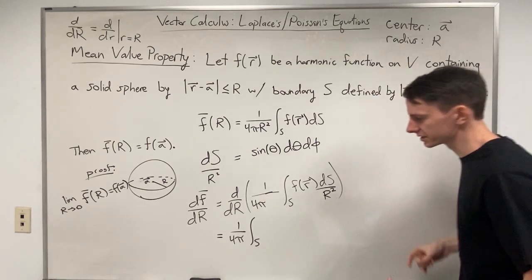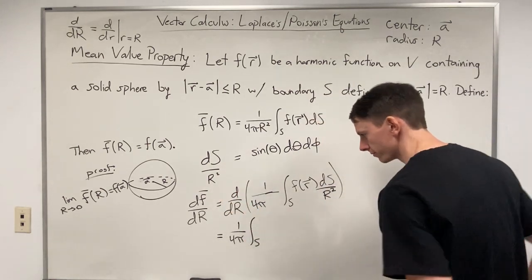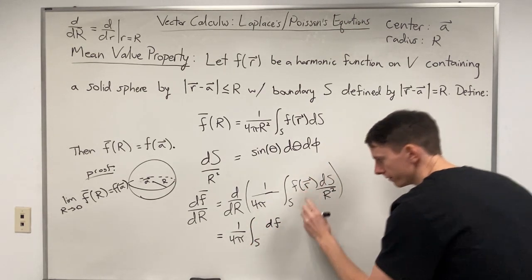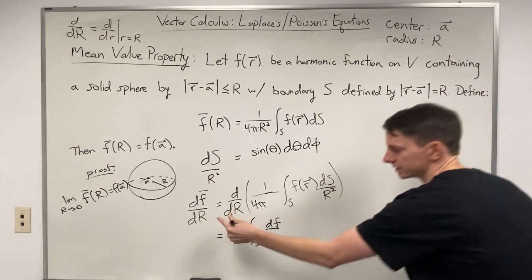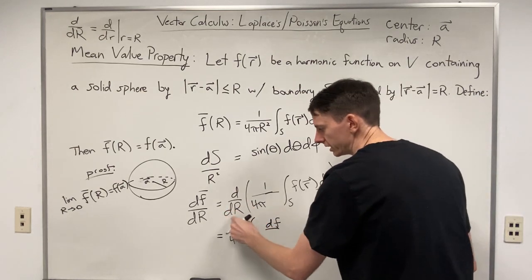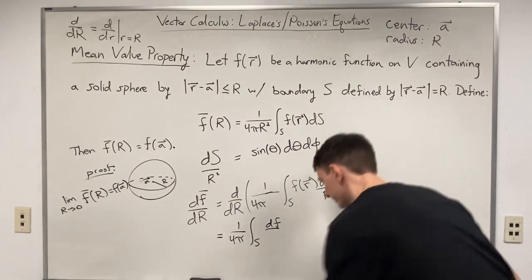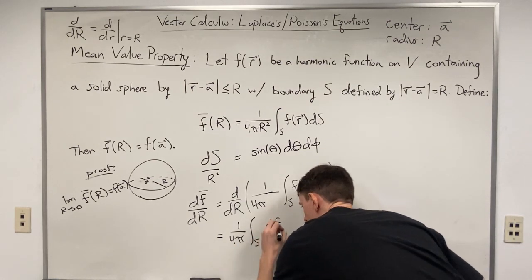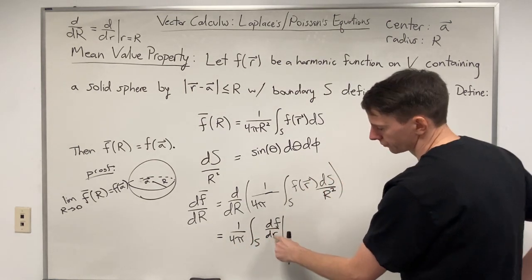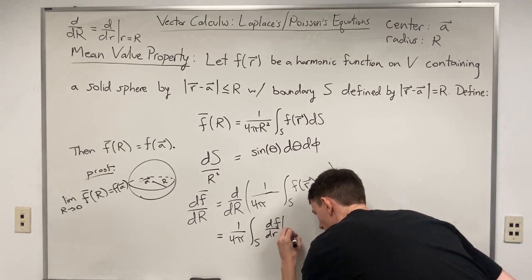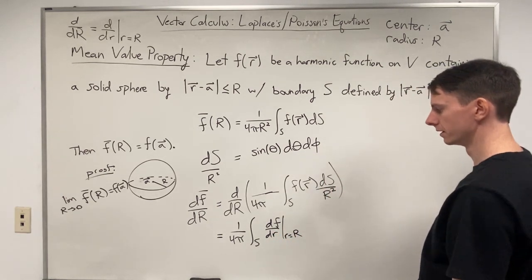So all of that is to say that by evaluating this derivative, what we're really getting is df, the derivative of our harmonic function, and instead of writing d/dR with an uppercase R, I'm going to use this definition right here. I'm going to use df/dr with little r, differentiating f with respect to the radial coordinate, and then defining the radial coordinate to be the radius of the sphere.